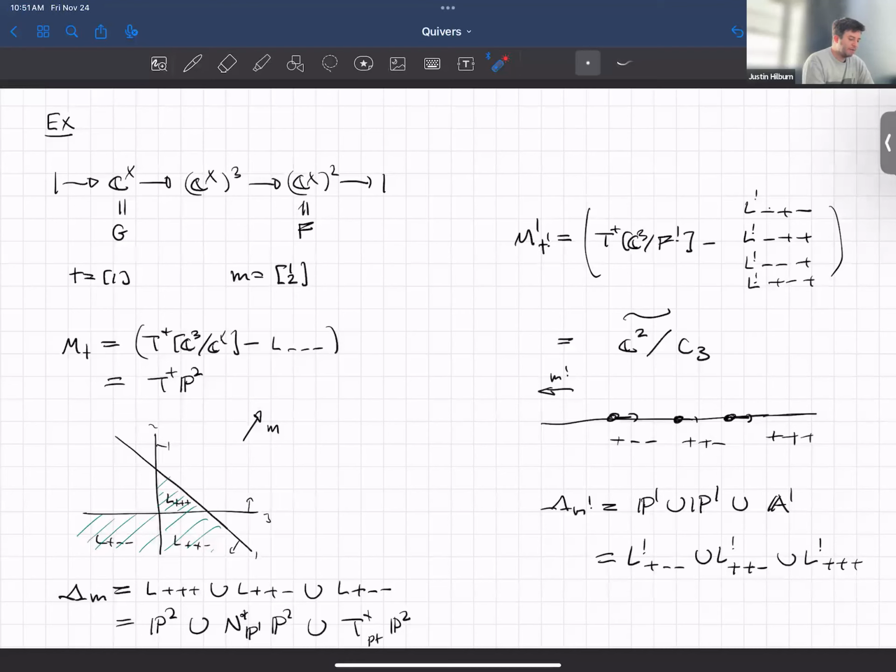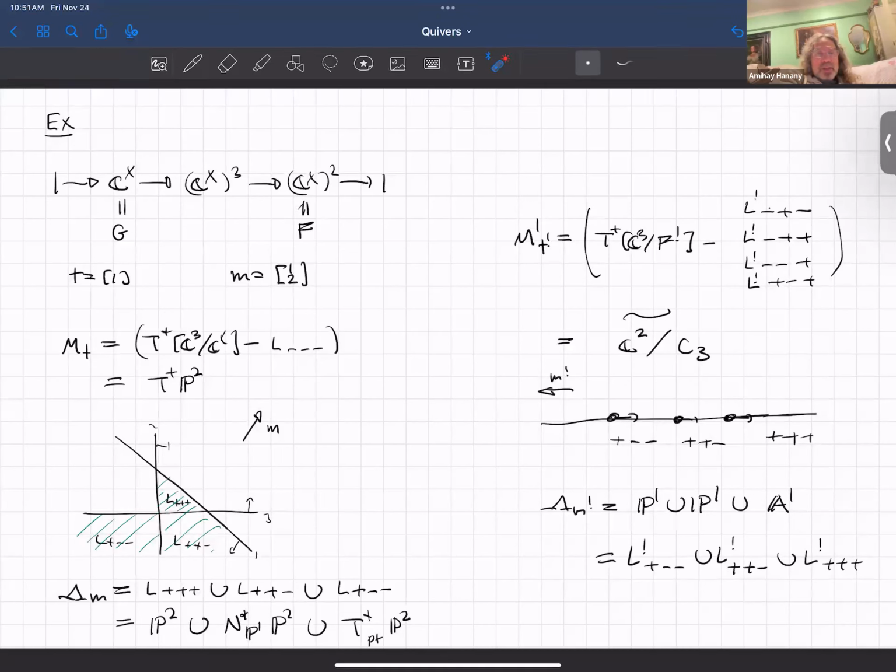And here you have three bounded feasible chambers, which would be the 0 section, the cotangent fiber to a P1 inside of my P2, sorry, the conormal to the P1 inside the P2, and then the cotangent fiber to a point inside of my P2.